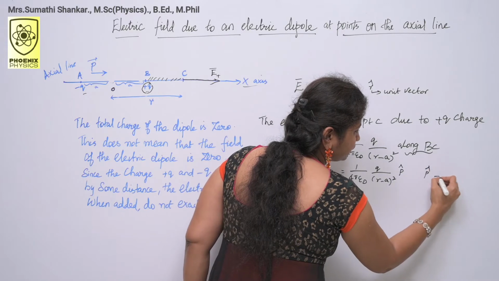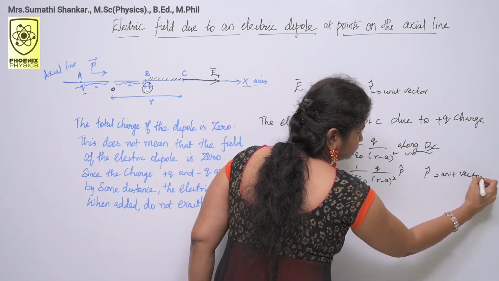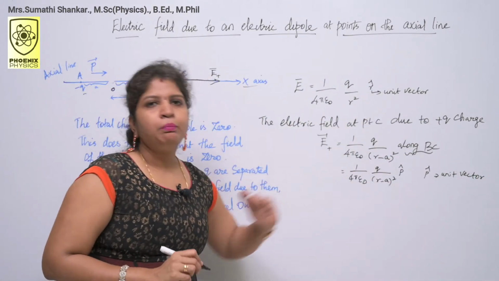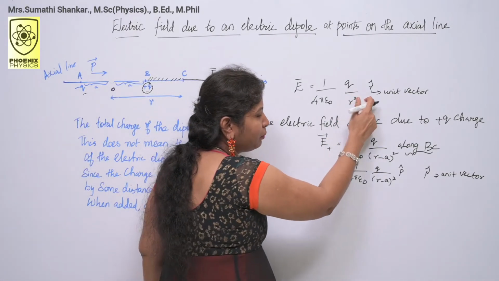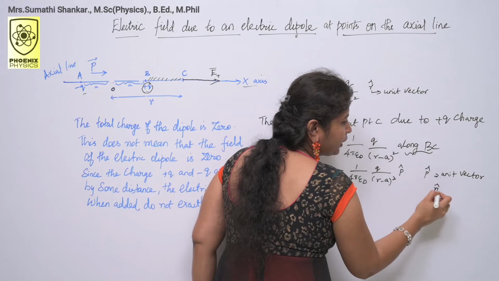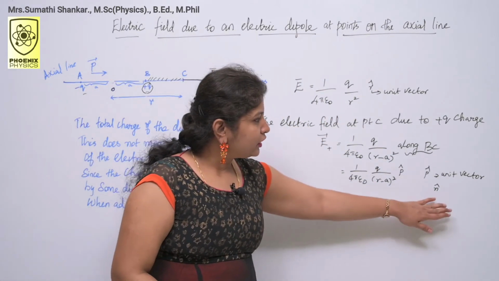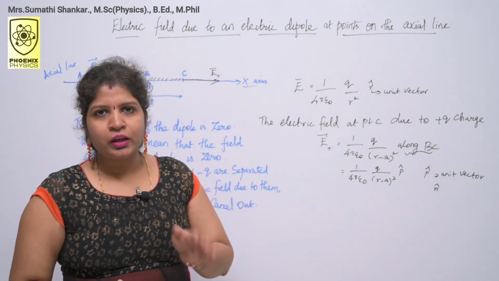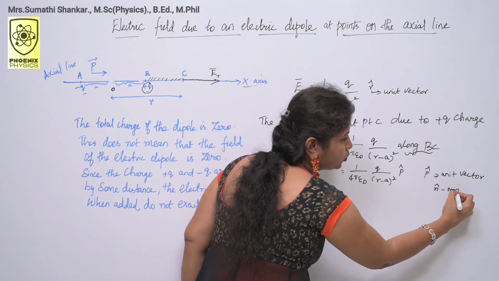P cap is nothing but a unit vector. Whether it is p cap or r cap or n cap, n cap is the general notation for unit vector. So whether it is n cap or p cap or r cap, the magnitude is the same, nothing but 1. Unit vector means magnitude is 1.